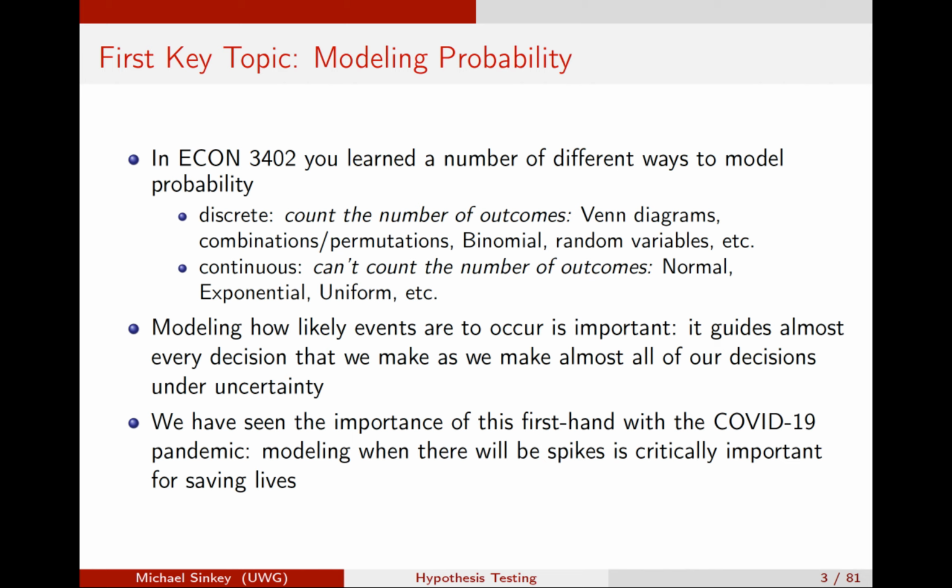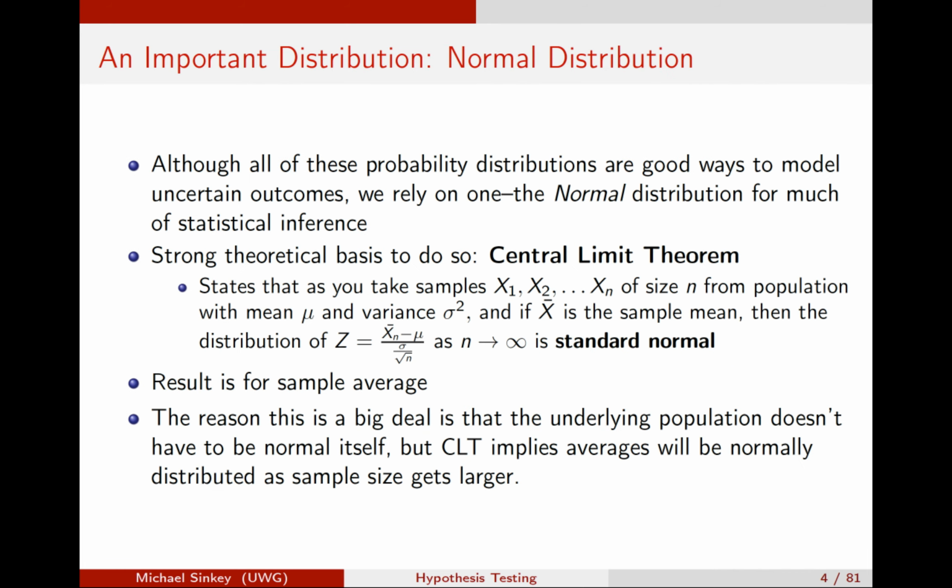It has been the major sort of touchstone of policy discussion in the last few months, and it's a probability question. And we look at mean outcomes and standard deviation of outcomes in modeling probability, and those are key components of the normal distribution, which is the distribution we're going to look at for reviewing probability in this class.